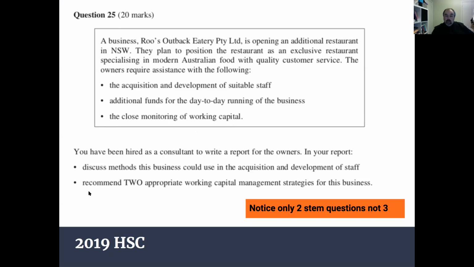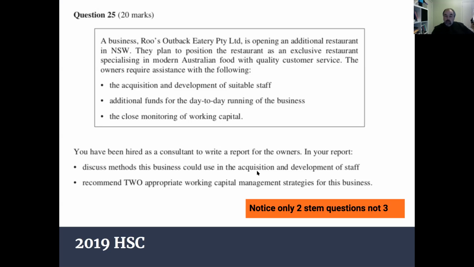Now, what you must know is that this question will cover 2 topics only. So the first thing I'm saying to you is to read the question. This first question is asking us to discuss the methods of acquisition and development of staff. This is the HR topic. So this is an HR question, and the second question is a finance question.